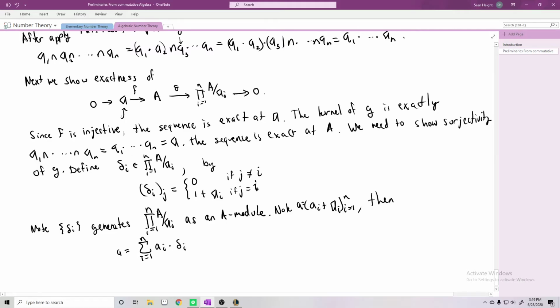Okay, so this is a pretty easy direct computation. So that shows that these delta i generate as an A module. Since G is a map of A modules, it really suffices to show that each delta sub i is in the image of G.